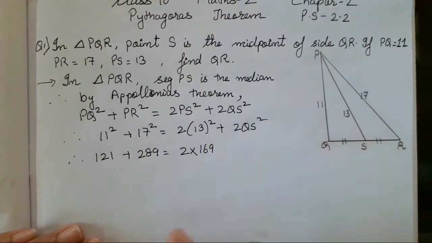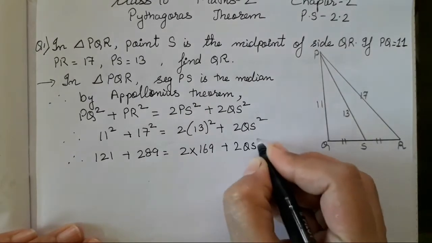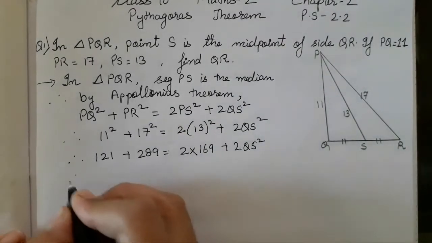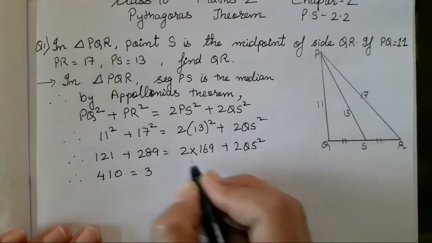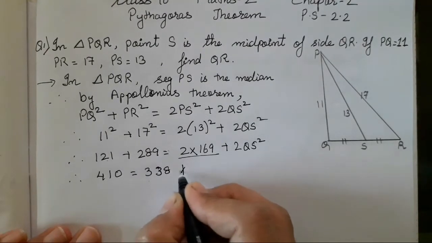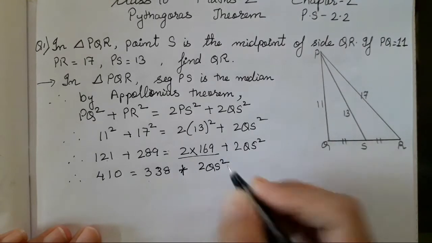First you all have to take the square and then multiply it, children, or your answer is going to come wrong. Don't be in a rush to solve. First square and then multiplication. Therefore add this, it's going to be 410. Multiply this, this is going to be 338 plus 2QS square.